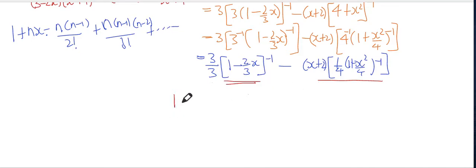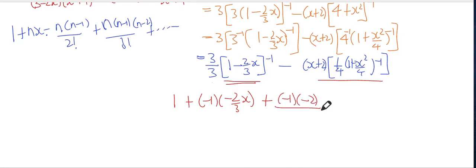So what do you get? It's 1 plus negative 1 times minus 2 over 3, and it's x. Okay, so it's just that for the first one, and then plus negative 1 times negative 2. Okay, I'm not going to write the formula, so I think you know it's n minus 1.